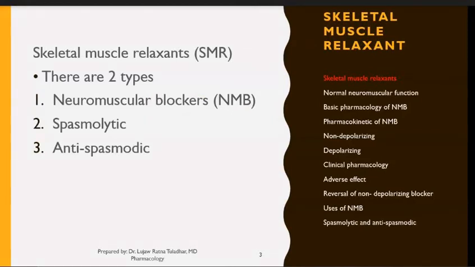One is called neuromuscular blockers, one is spasmolytic, and then the antispasmodic. Among these three categories, the most important one is the first one, the neuromuscular blockers. Regarding spasmolytic and antispasmodic, if you just remember the names, it might be enough for now.